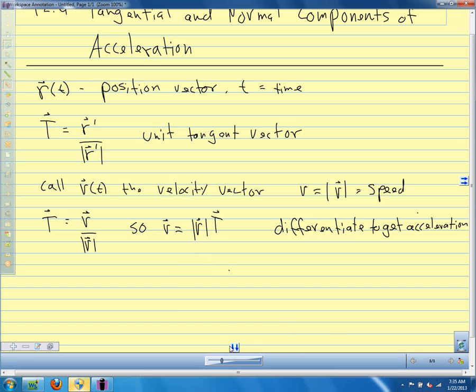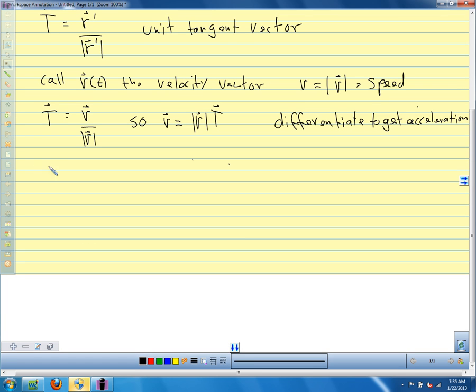So we're going to say that d dt of the velocity is our acceleration, and I'm going to use the product rule on this quantity.